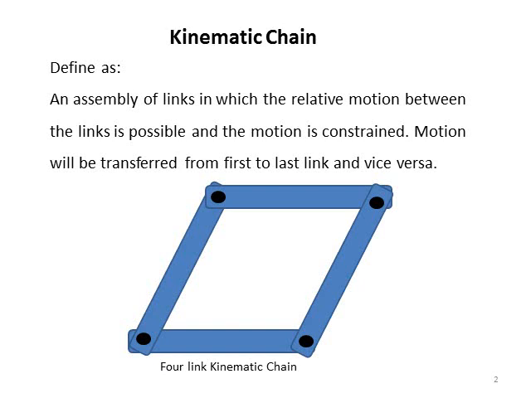So let's start the discussion on kinematic chain. As you can see, there is a combination of links and joints. There are 4 links: 1, 2, 3, 4, and these 4 links are joined together by joint 1, joint 2, joint 3 and joint 4.